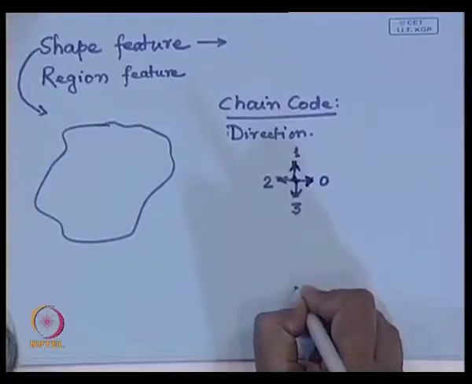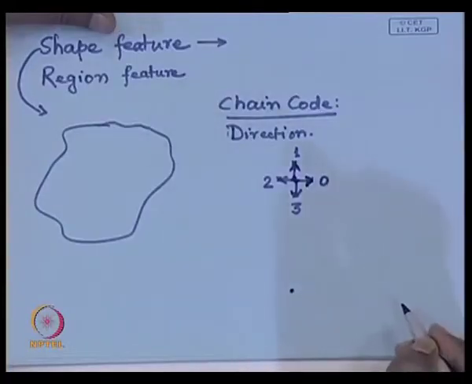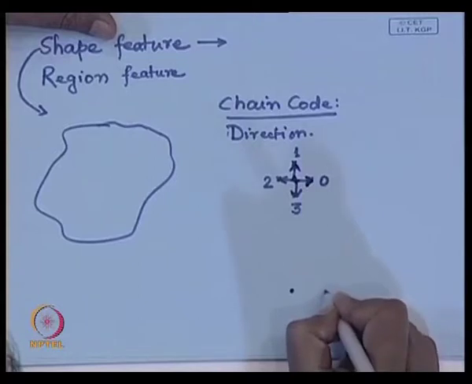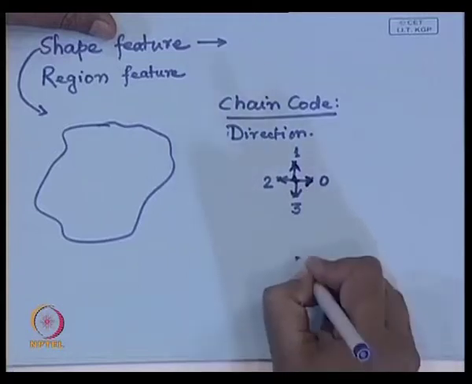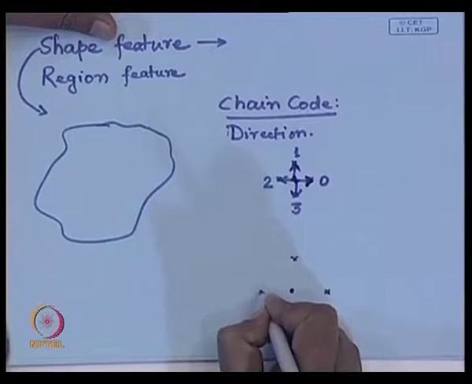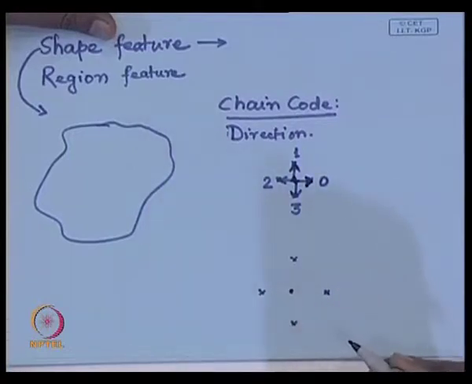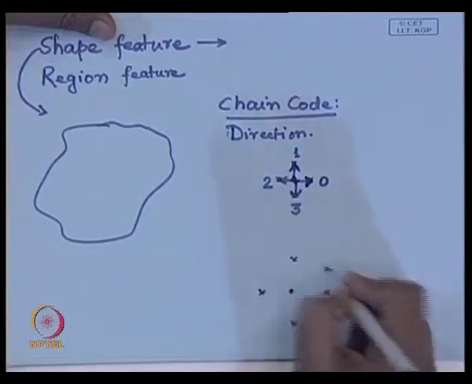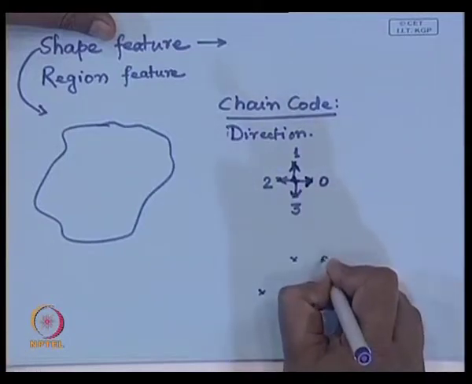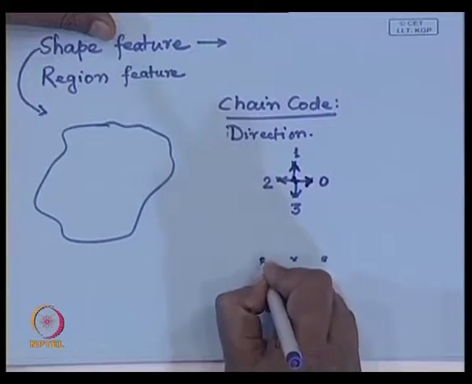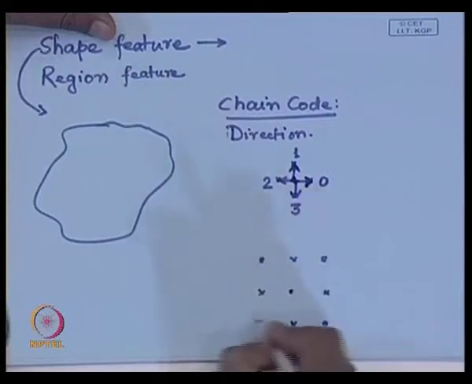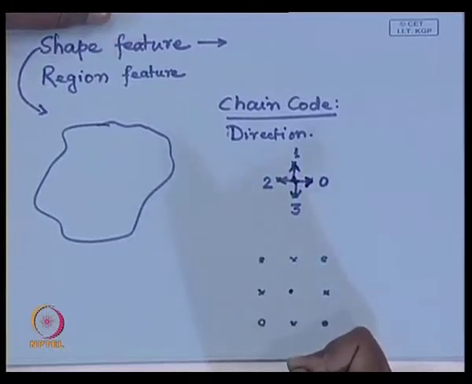If I go for 8 connectivity, I have these 4 neighbors, one to the east, north, west and south. In addition, I have the diagonal pixels in the northeast, northwest, southeast and southwest directions.